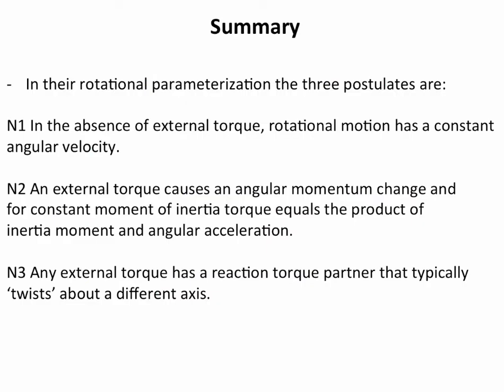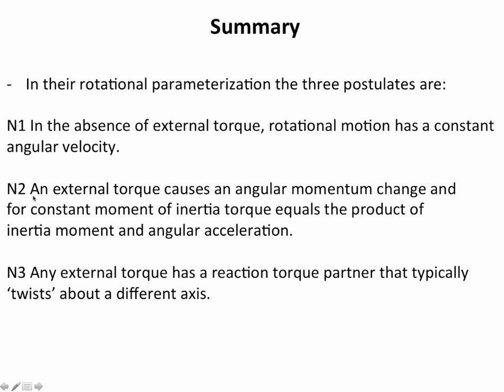So with the introduction of those equivalent rotational parameters, one can formulate the three postulates of Newton in this fashion. The first postulate, the first law by Newton, reads: in the absence of external torque, rotational motion has a constant angular velocity. That's the equivalent of Galileo's inertia principle.